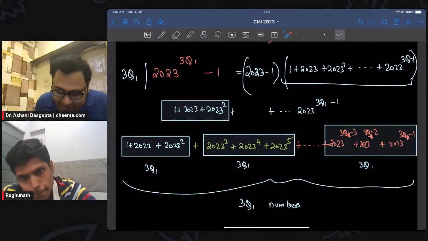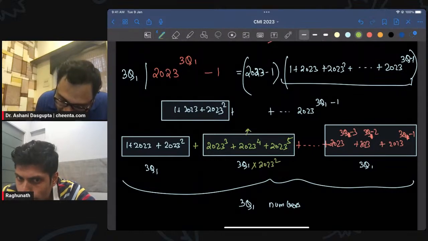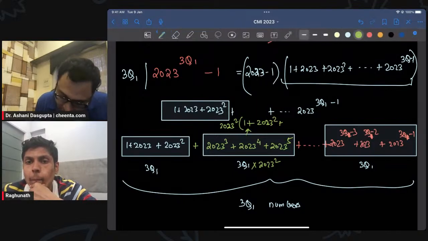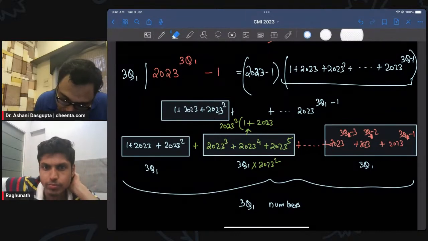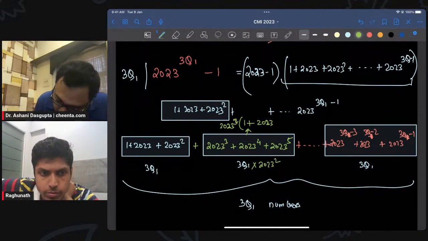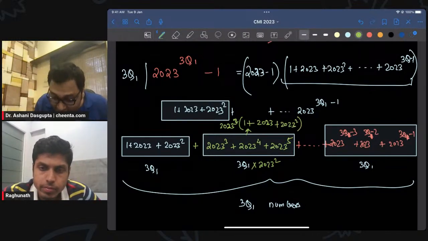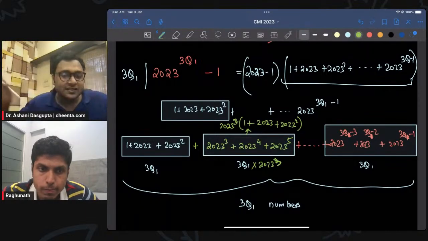The second one is 3q1 times 2023 cube, because you can just take 2023 cube common, and so on. So this is 3q1 times 2023 whole cube, and so on. You can just keep on doing it.